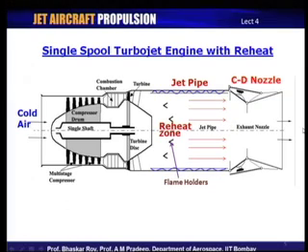system, which is, let us say, a CD nozzle, the high velocity jet means that the flow through this nozzle would convert high potential energy at the station in jet pipe to high kinetic energy. So, there is a huge potential energy drop through this nozzle.